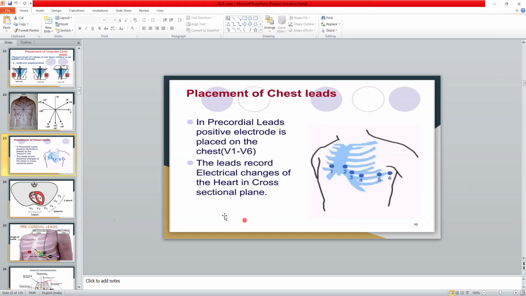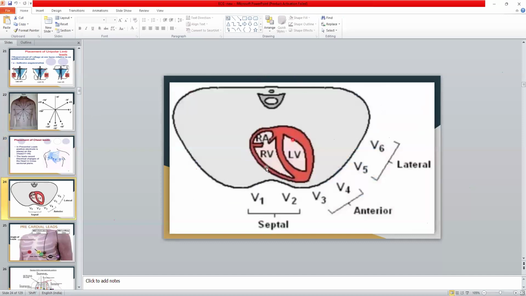These leads record the electrical changes of the heart in the cross-sectional plane. So, I am showing the picture of the cross-sectional plane of the heart where V1 and V2 represent the septum, V3 and V4 represent the anterior wall, and V5 and V6 represent the lateral wall of the heart.